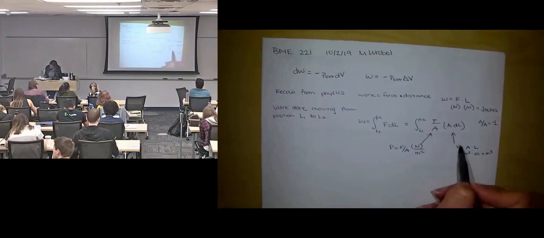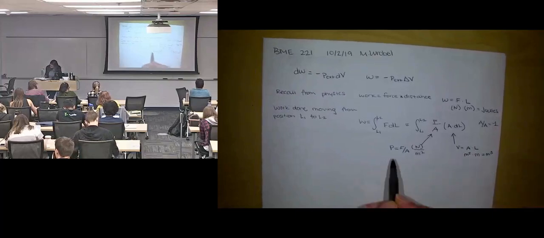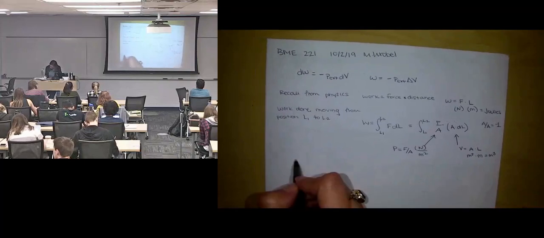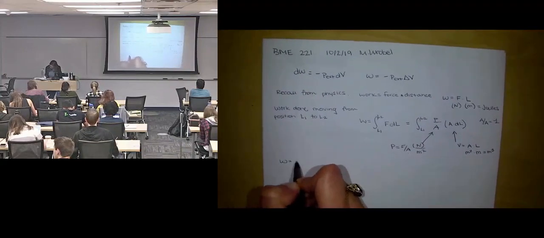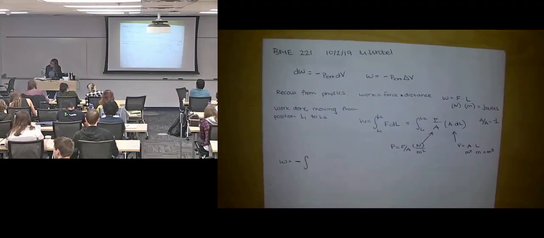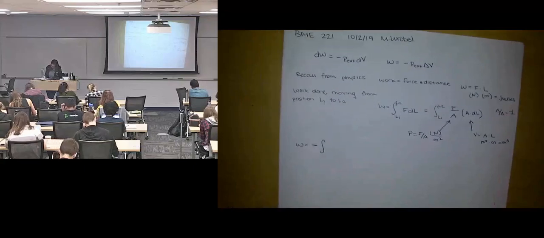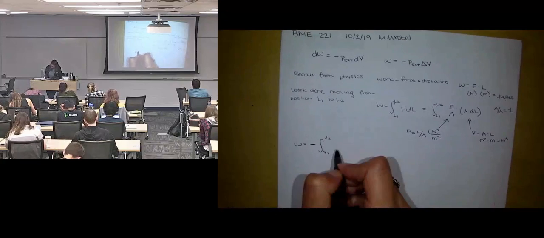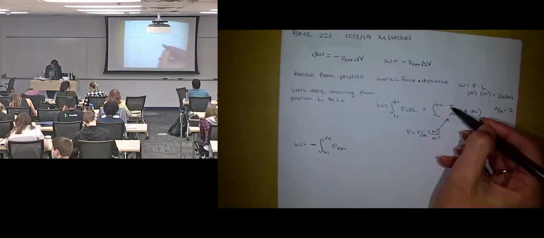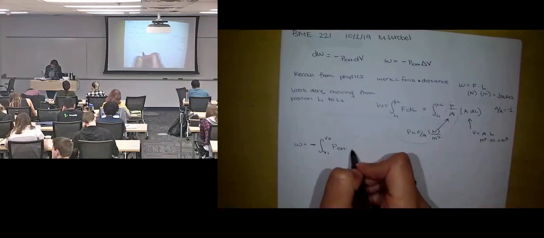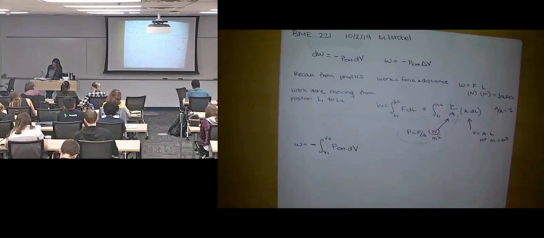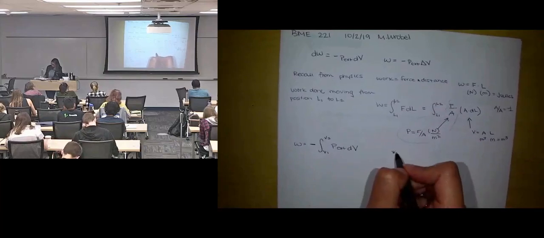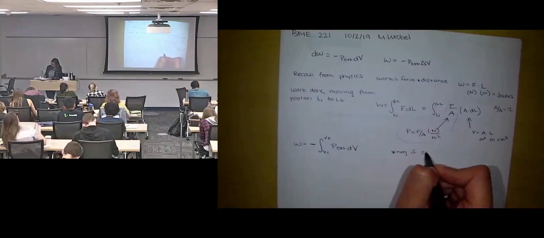And so since this is essentially volume, and this is essentially pressure, work is equal to, keeping our negative sign for convention because we're talking about expansion work here, going from volume 1 to volume 2, the exterior pressure, which isn't changing, times dV. Negative is sign convention.